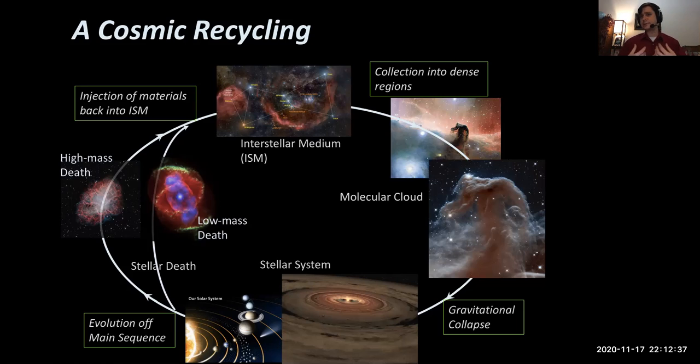And some of those fusion products that built up to carbon and oxygen in its core get mixed into the envelope and go out with the expanding shell as well. We have enriched the interstellar medium by the death of a low mass star with low mass stellar fusion nucleosynthesis products and S process nucleosynthesis products.